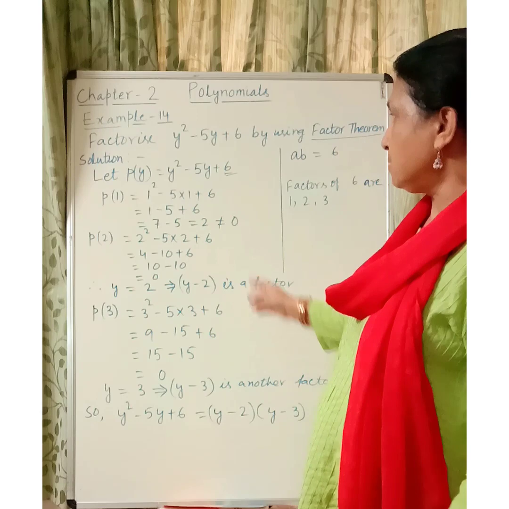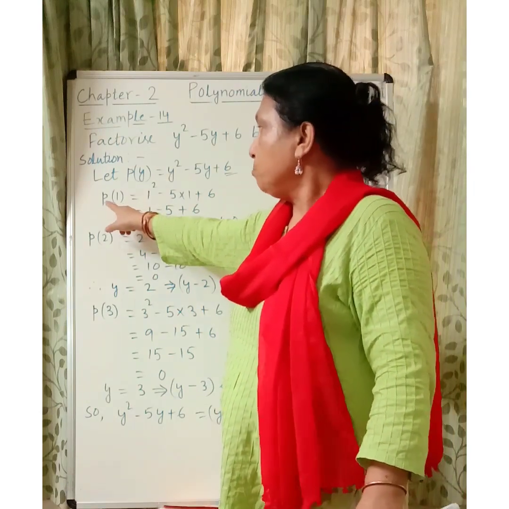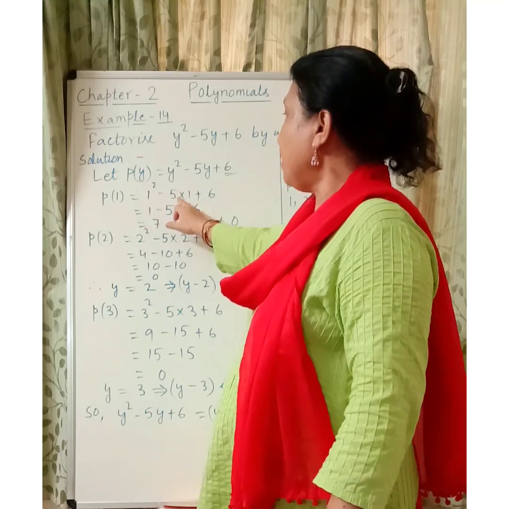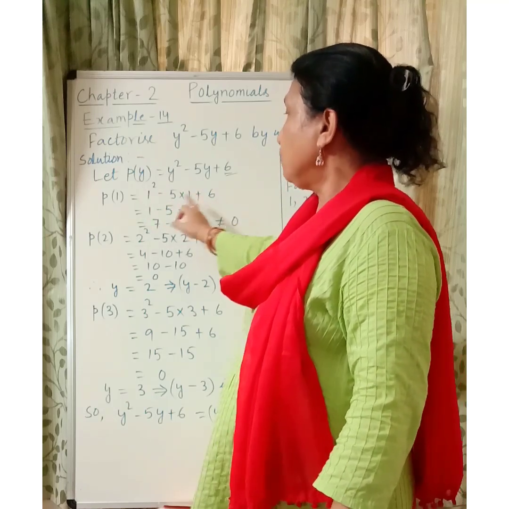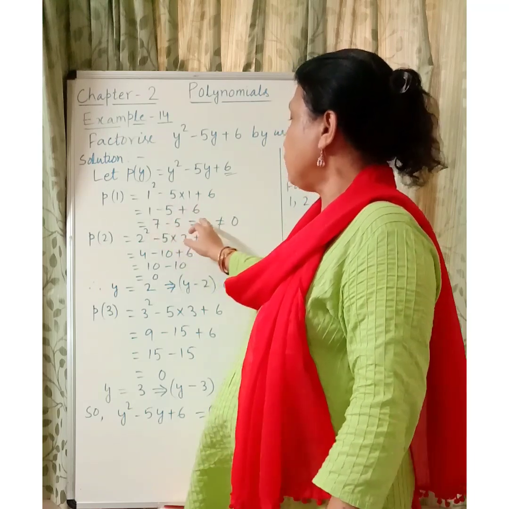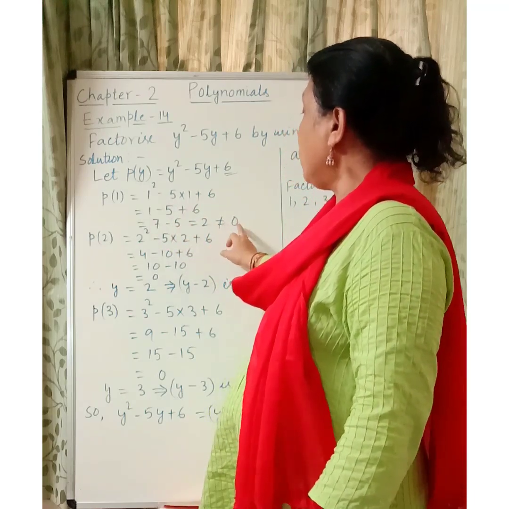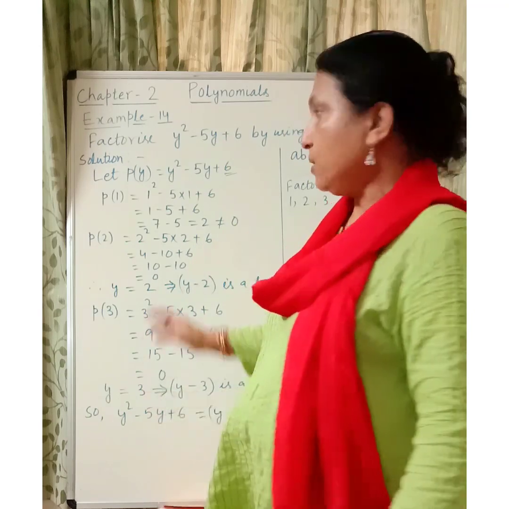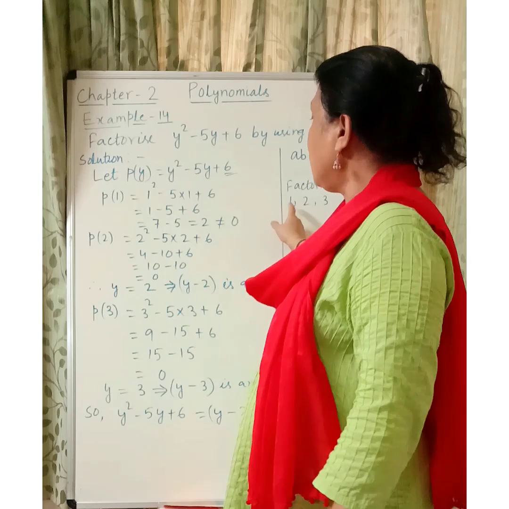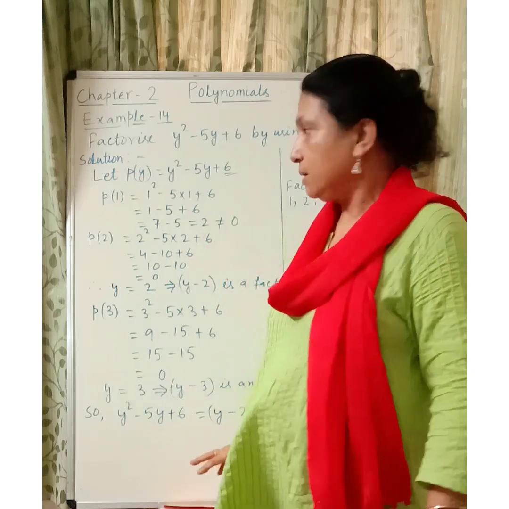So first we check for 1. p of 1 equals 1 square minus 5 into 1 plus 6, which becomes 1 minus 5 plus 6, that is 7 minus 5 is 2, which is not equal to 0. We are not getting the remainder 0, so this 1 cannot be the zero of the polynomial.